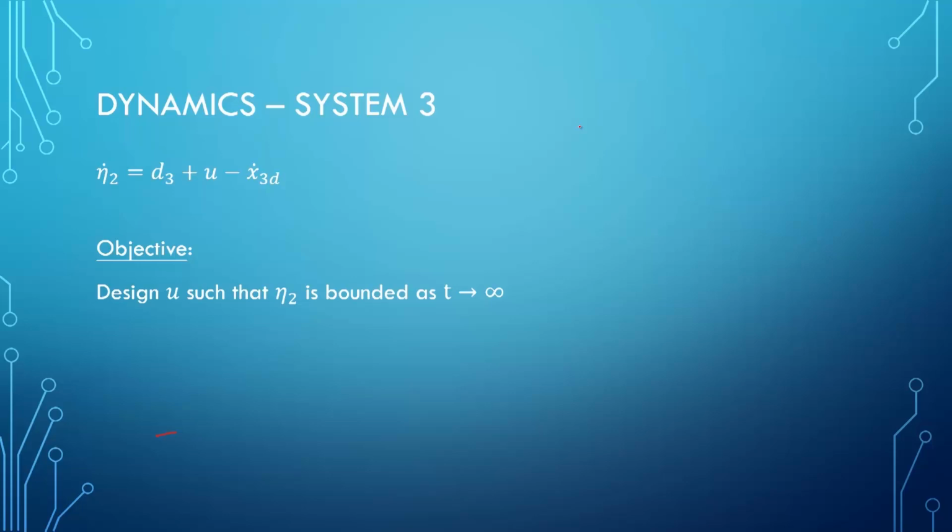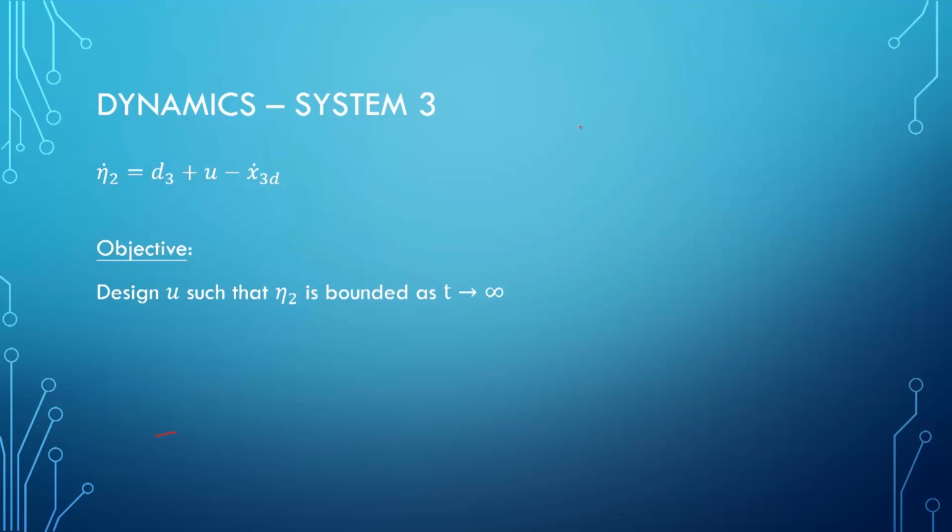Here's your control, it's the physical control. So you need to put a feedback term in U, and a robust term in U to deal with D3, so you need to create a Lyapunov function and upper bound these disturbances. At that time, it becomes clear how you can design the control input to dominate the disturbances. And this is the feed-forward term, S3D, which is the time derivative of the virtual control from the previous system.